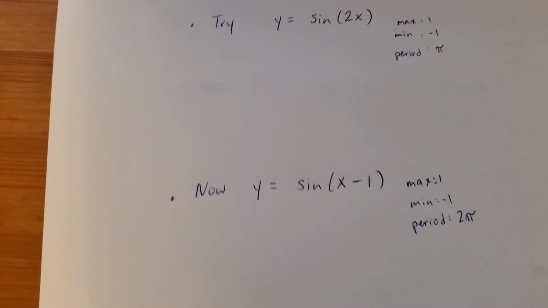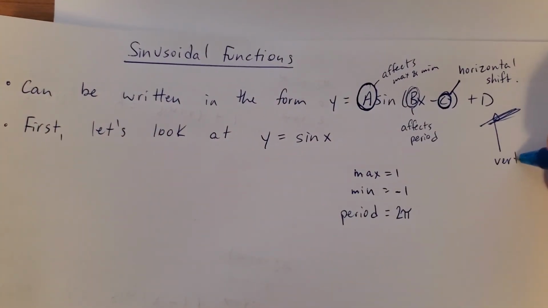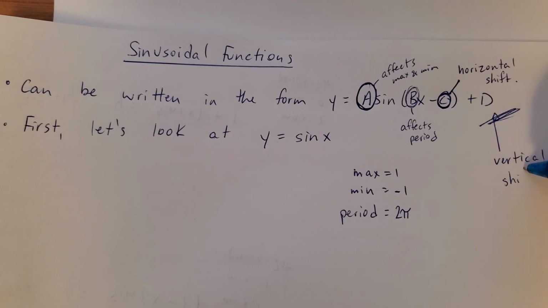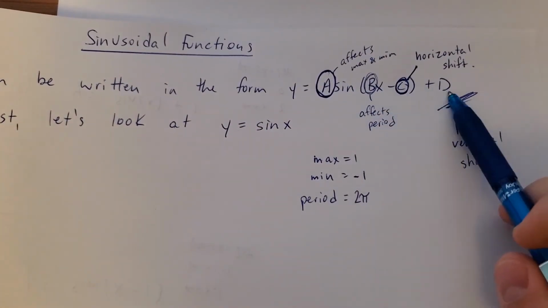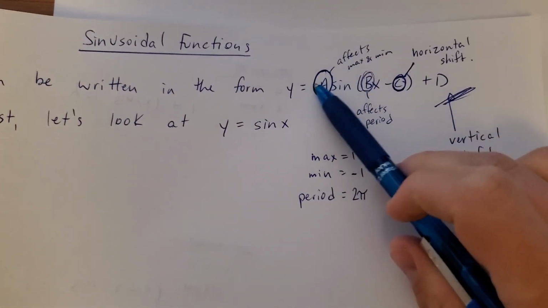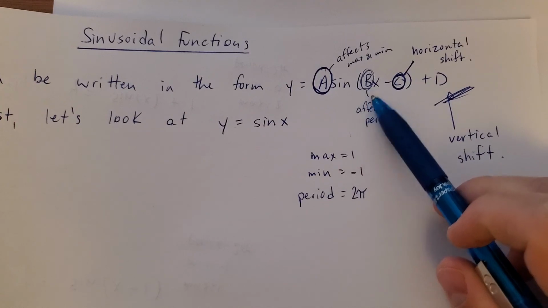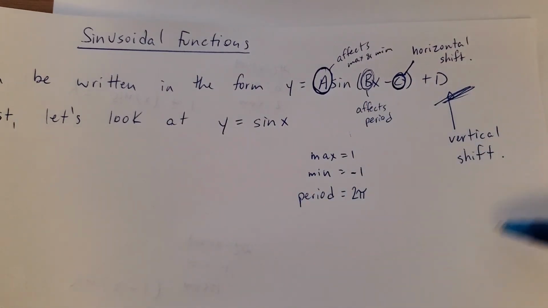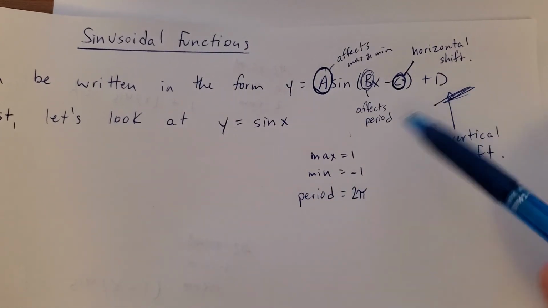Okay, so this number is a vertical shift, an up-down. Okay, so this is what generally these numbers do. So the first number makes it go higher and lower. The second number makes it oscillate more. This number moves it left or right, and d moves it up or down.